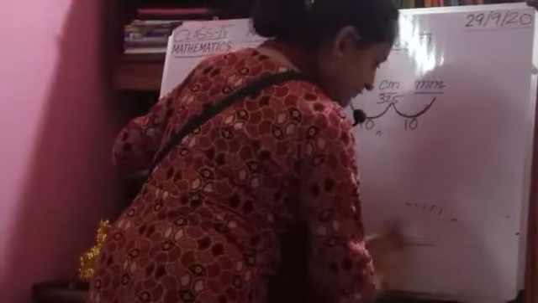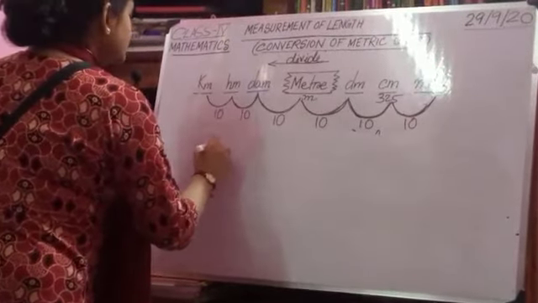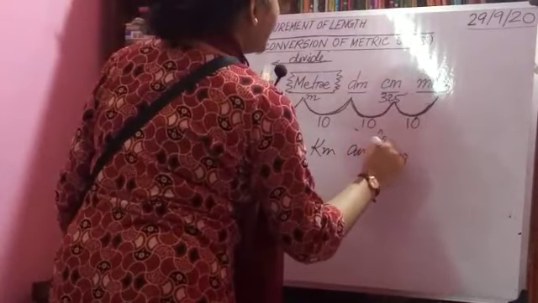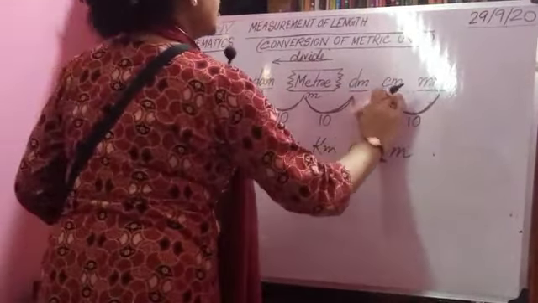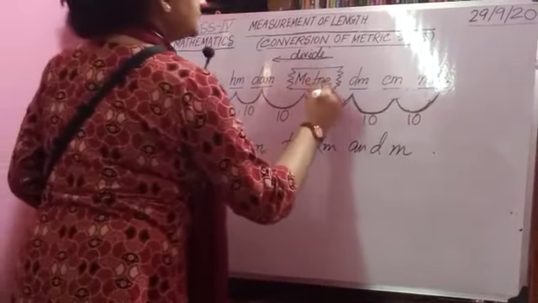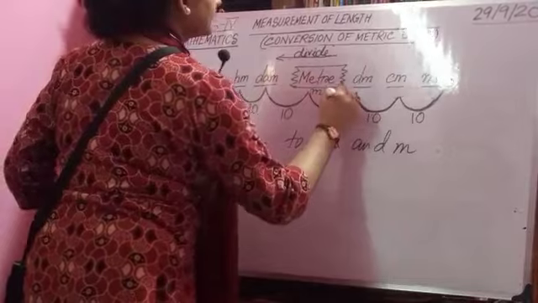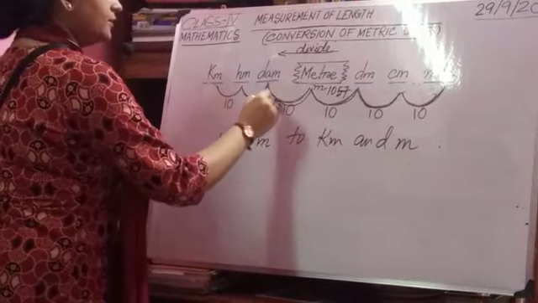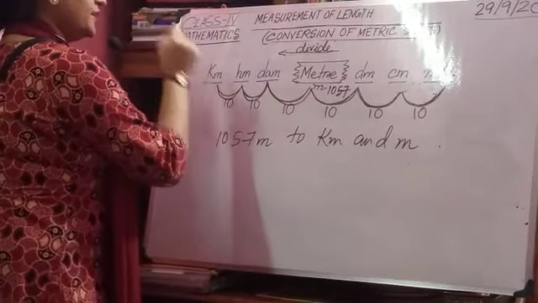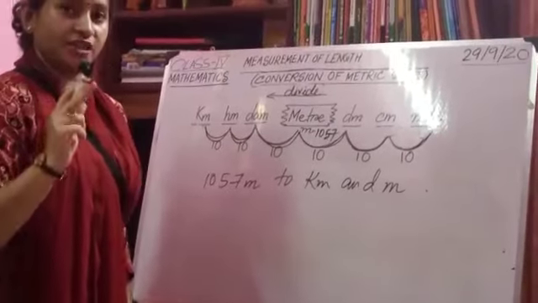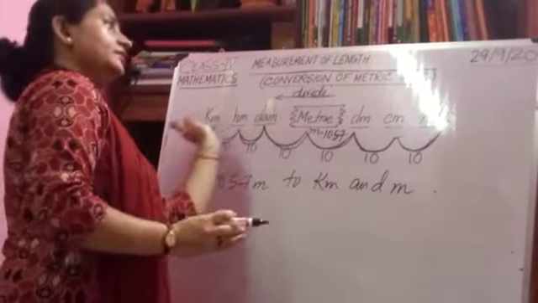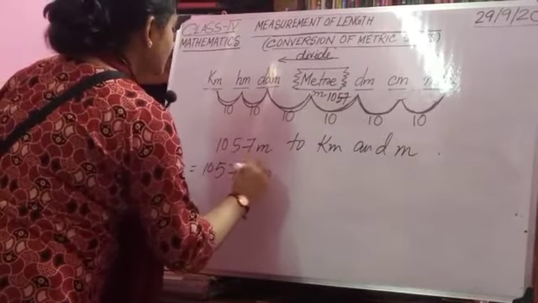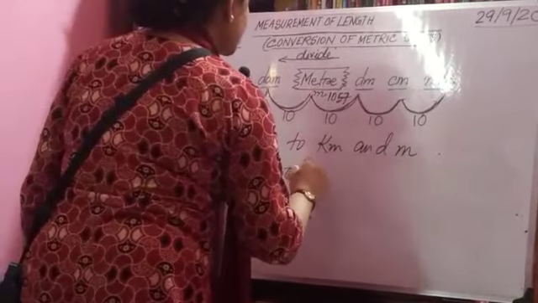Now our next sum. 1057 meter to kilometer and meter, right? So 1057 is sitting here, meter, and it has to travel here. So 1, 2, 3. 10 into 10 into 10, 1000, and since we are moving left hand side, divided by, right? So 1057 divided by 1000 meter.